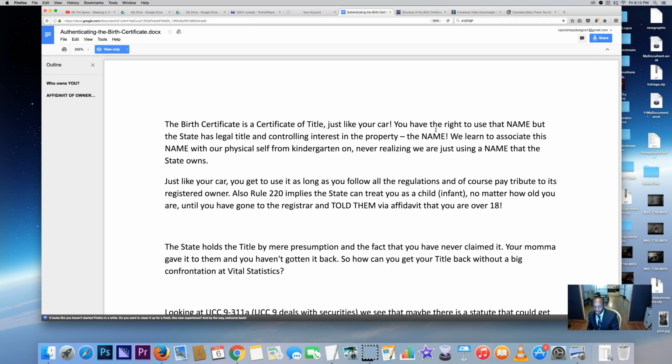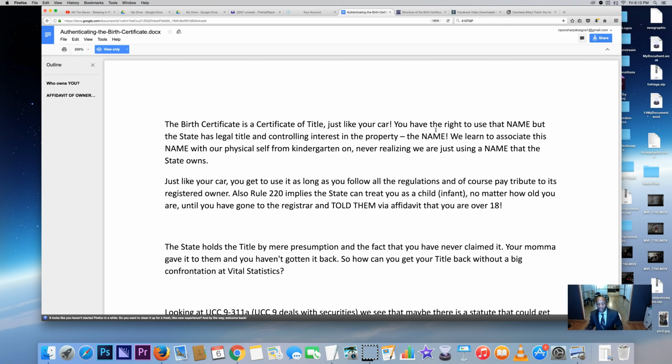Even if that transaction went as it should, and that person exchanged title along with keys once money was presented, that title is still going to have the state that the car or property was registered to at the top of the title, which is their claim, their superior claim and interest over the property, which still makes the person that owned the vehicle, that was on the title, still just a holder in due course of the title, and not the owner of the title.